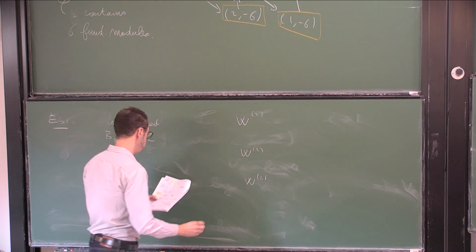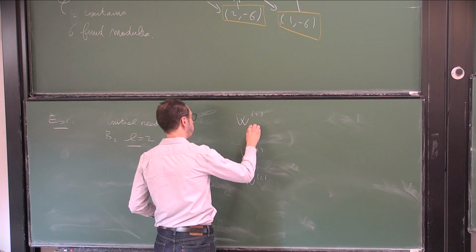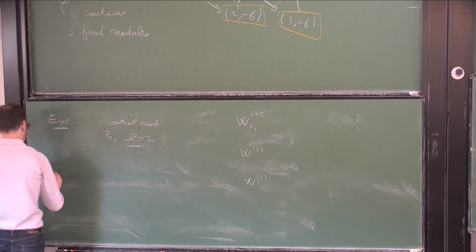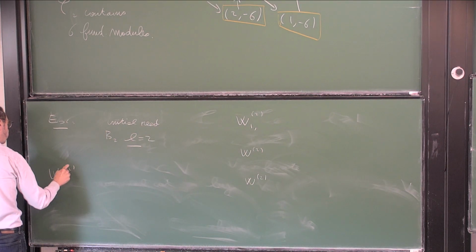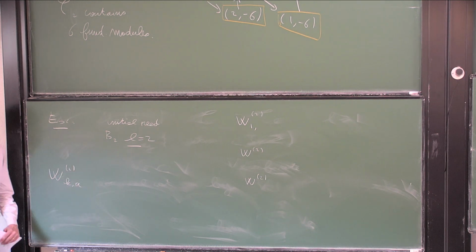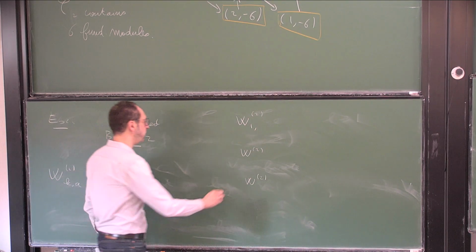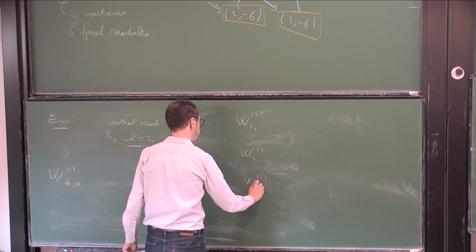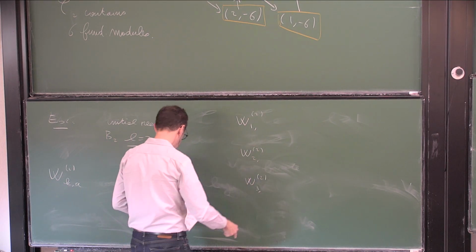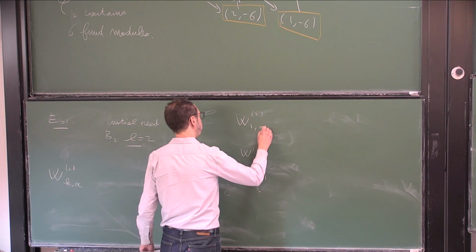You remember the Kirillov-Reshetikhin modules are parameterized by a vertex of the Dynkin diagram, a positive integer, and a spectral parameter. So we have to specify the three of them. So here the weight increases, 1, 2, 3, and the spectral parameter also changes.